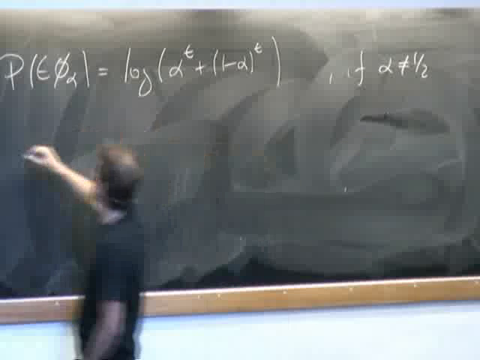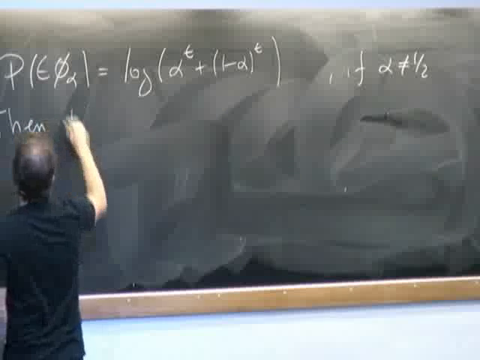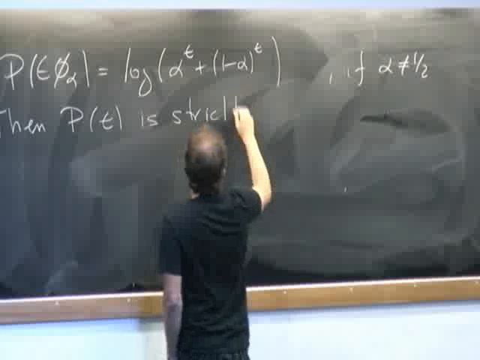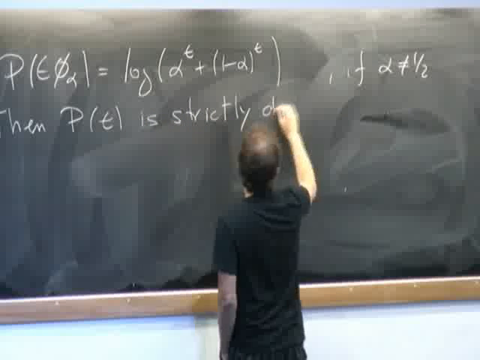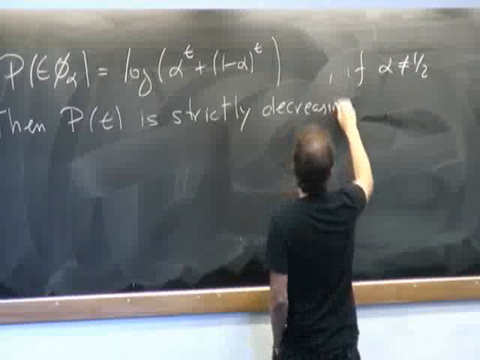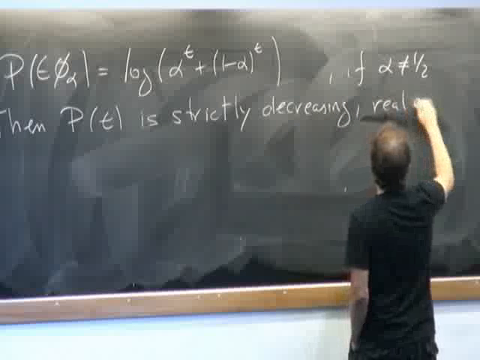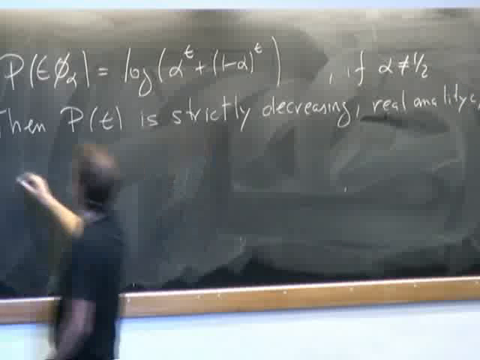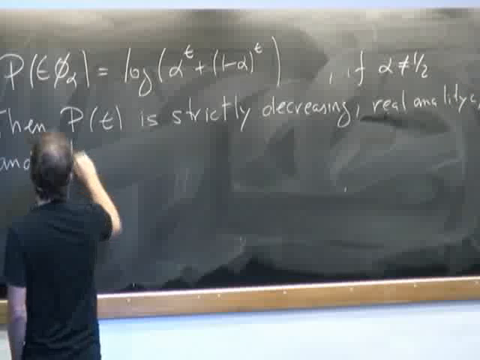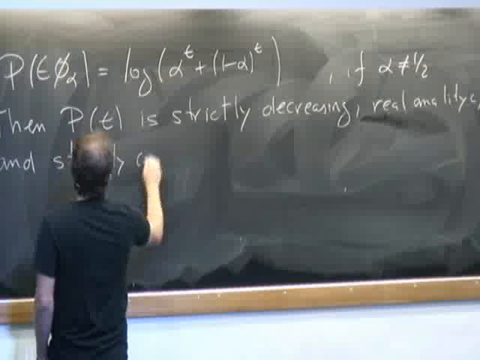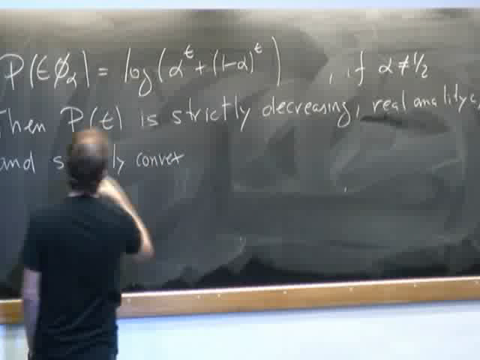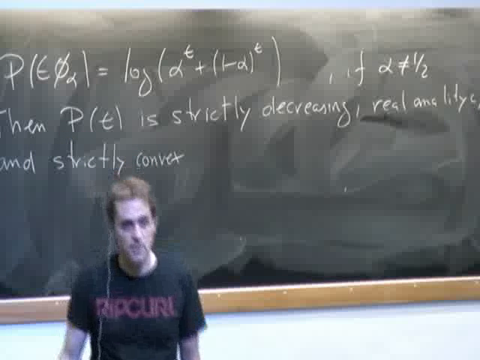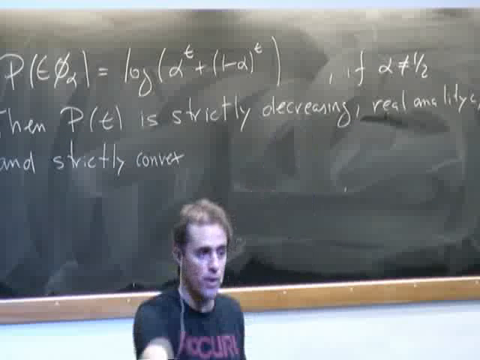This function is strictly decreasing, real analytic and strictly convex. If alpha is equal to 1/2, then it's no longer strictly convex, and what you get is a straight line.